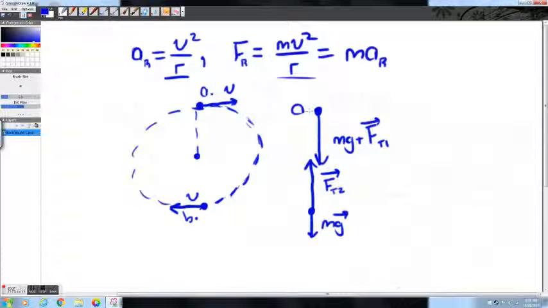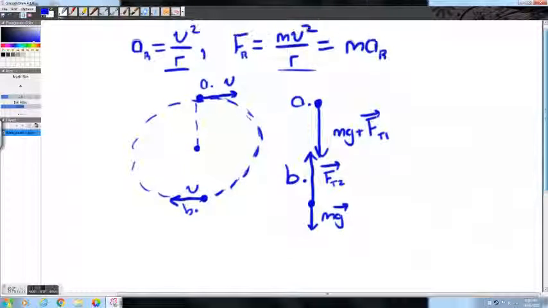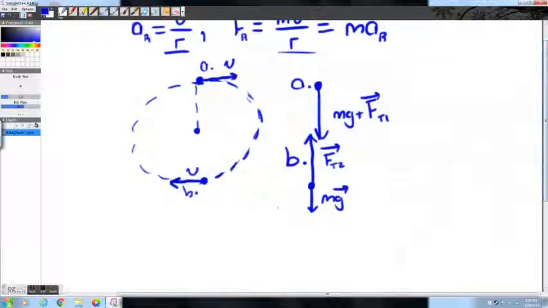Something like that. So this is A, and this will be B. Let's make this one interesting. Let's say we have a bucket, and that bucket has some water in it. We don't want any water to fall out, and we're swinging it in a circle.